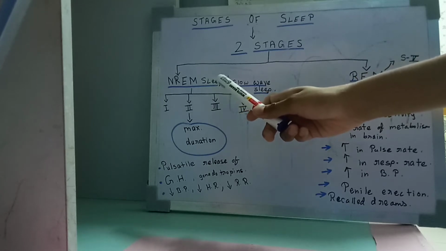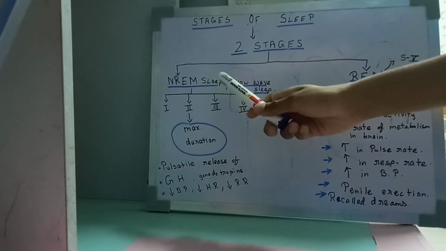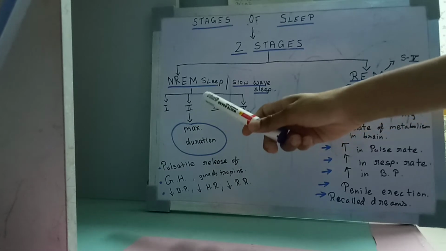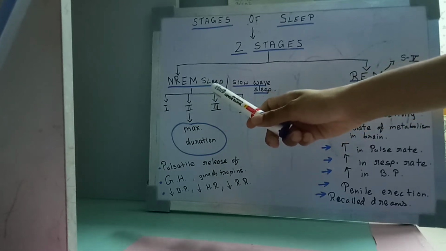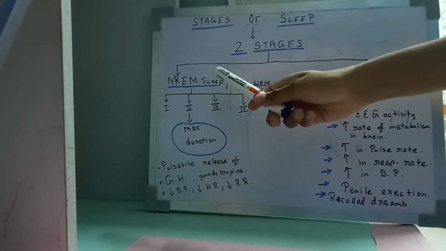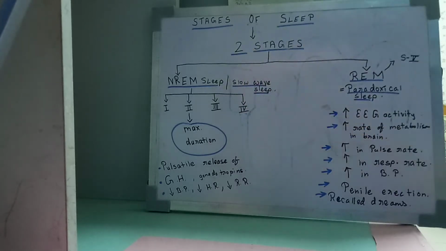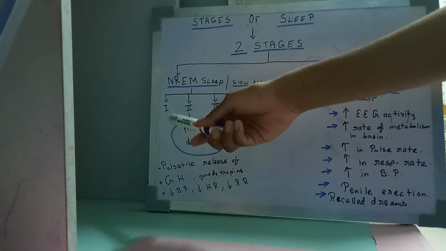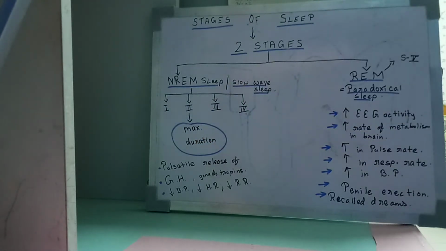A person can be easily aroused, and if we take the EEG, that is electroencephalogram, in this stage, it will record loss of alpha waves, which predominate when a person has closed eyes and is still awake. So remember that in stage 1, the sleep is very light, a person can be easily aroused, and there is loss of alpha waves and predominance of theta waves.